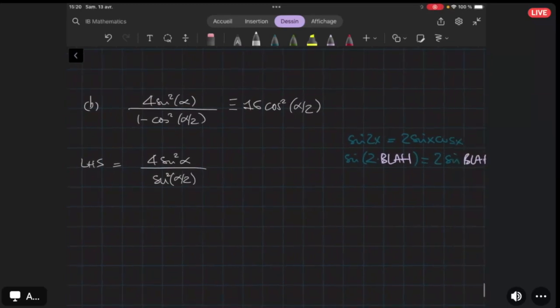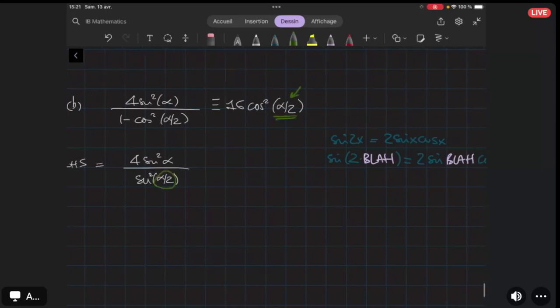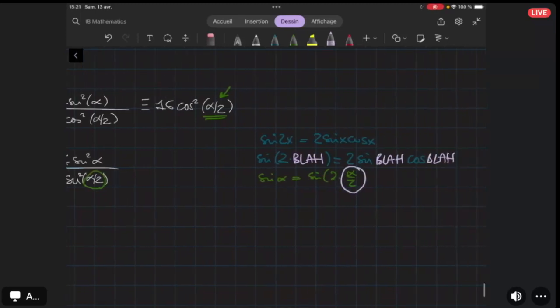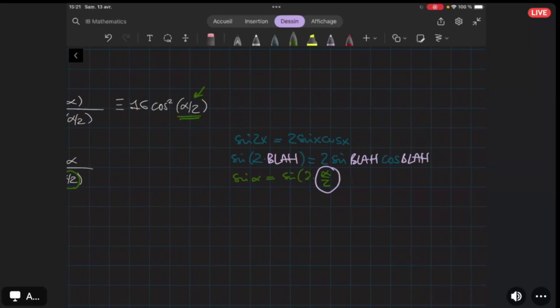This matters here because we're interested in getting to pi over 2, since on the right hand side we also have pi over 2. So sine of alpha is basically sine of 2 times alpha over 2. This is our blah, and this is equal to 2 times sine of blah cosine of blah.